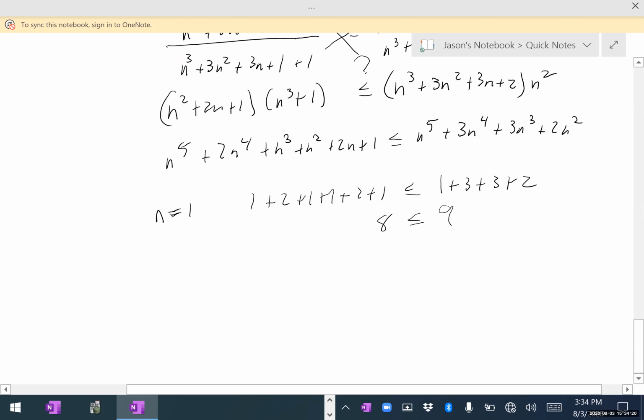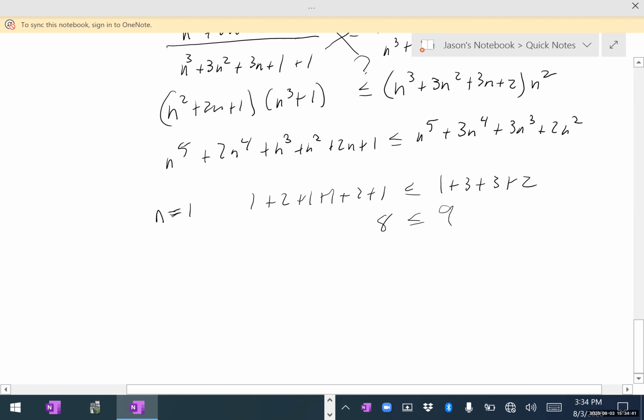Let's do some manipulation here. Let's see if it works for n equals 2. Let me make sure that I did this correctly.